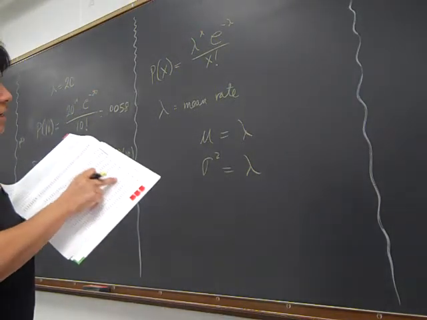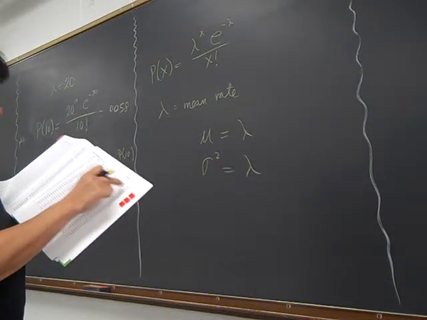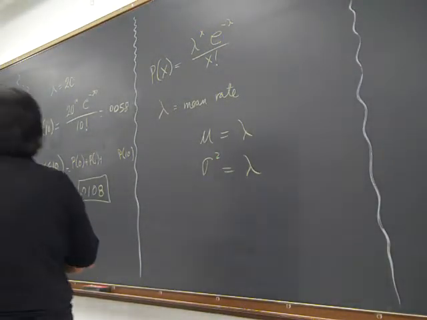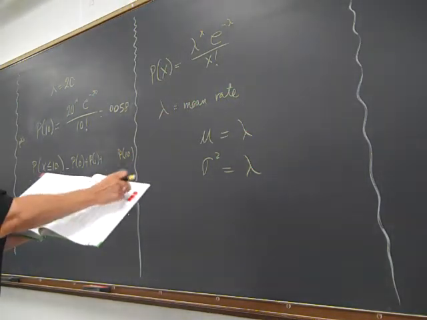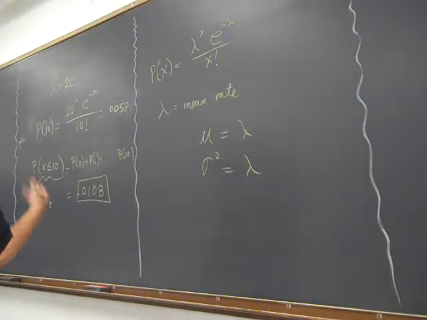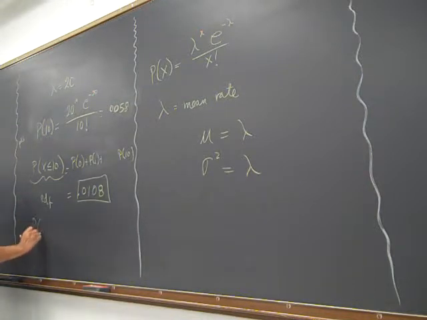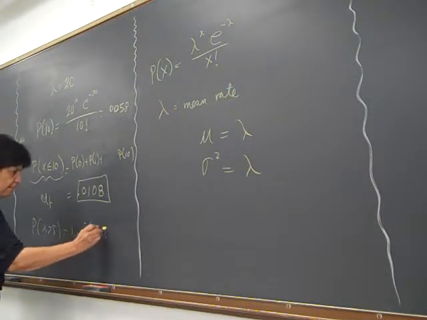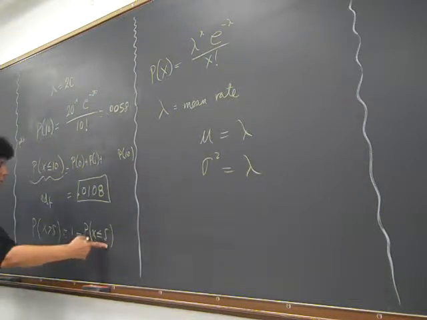Or in the table, you have to add this number plus this one plus this one, up until here. And again, when you add all the possible probabilities, they have to be equal to 1. So if you are dealing with the probability that x is greater than 5, it has to be 1 minus the probability that x is less or equal than 5, because the 5 is not included in the greater-than.